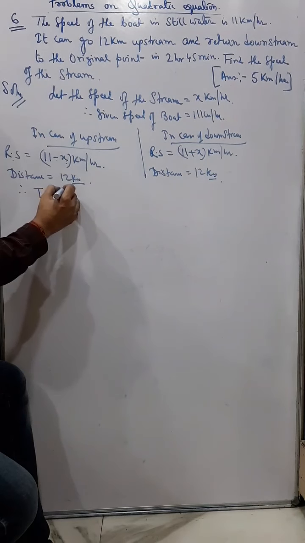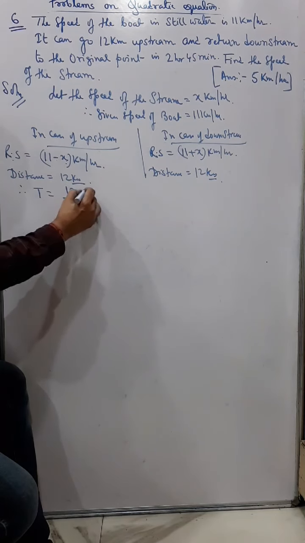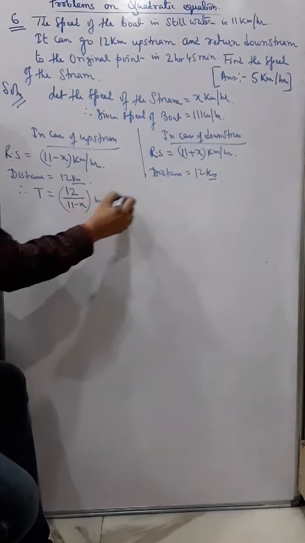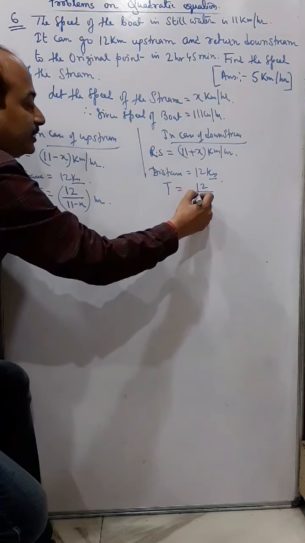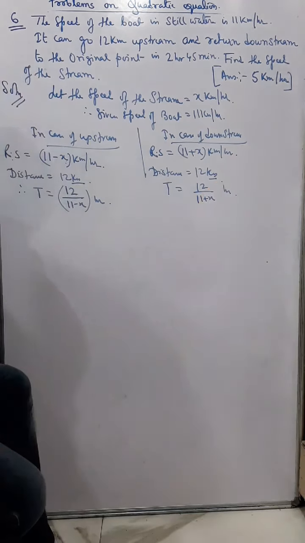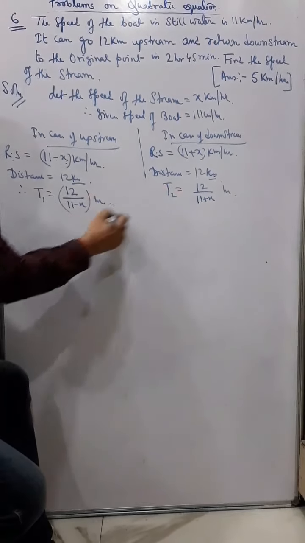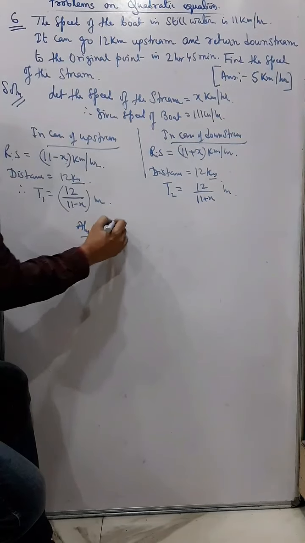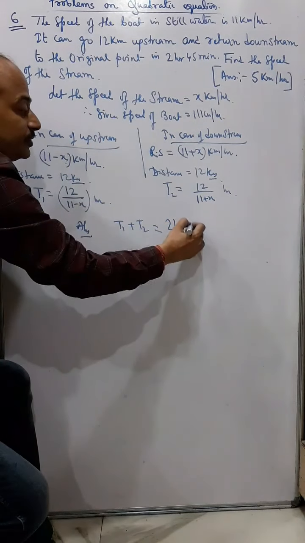Time means distance by speed, so 12 by 11 minus x hours, and here the time is again 12 by 11 plus x hours. So this is T1, this is T2. According to the question, total time T1 plus T2 is 2 hours 45 minutes.